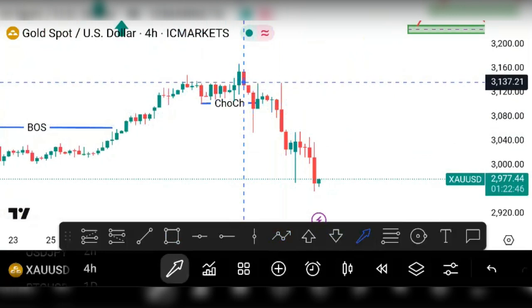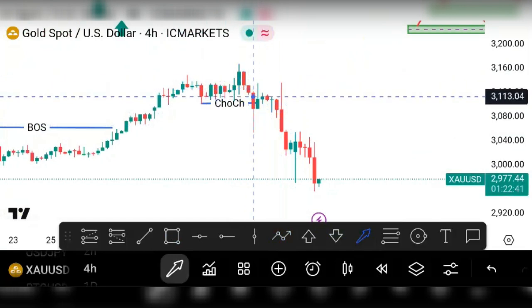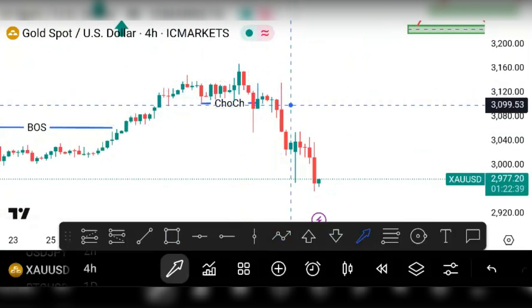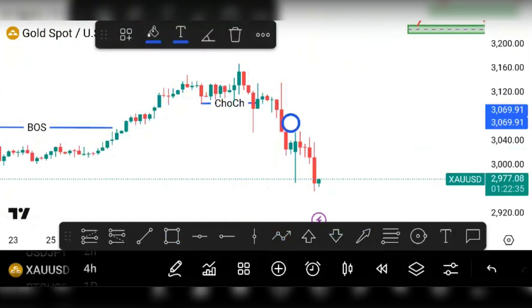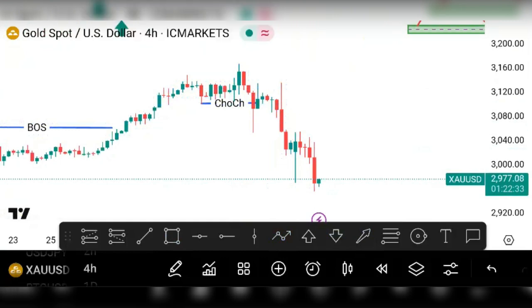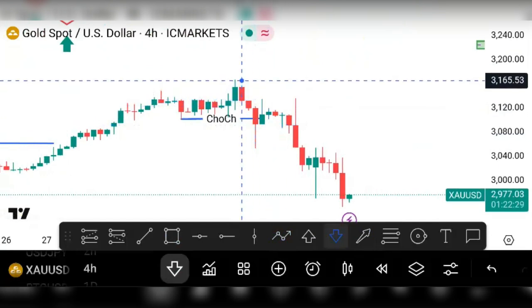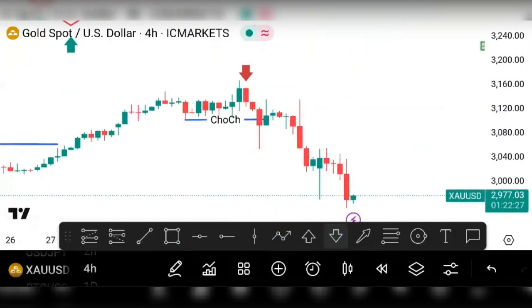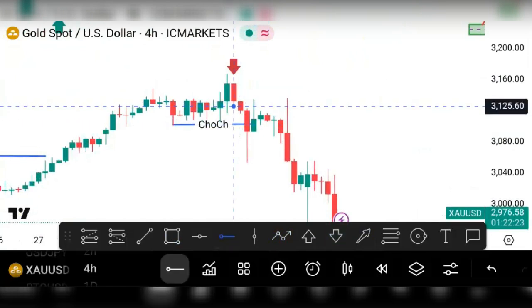Here we don't have a supply zone. This one doesn't have a fair value gap. It has, but there is what we call a mitigation. You can see this candlestick you are seeing is a supply zone, right? Because it meets our requirements, it has a fair value gap.